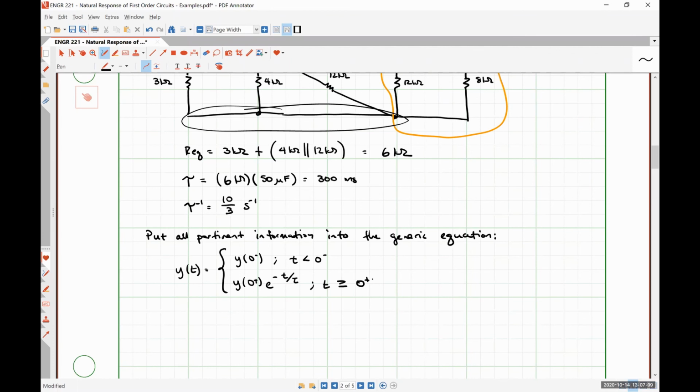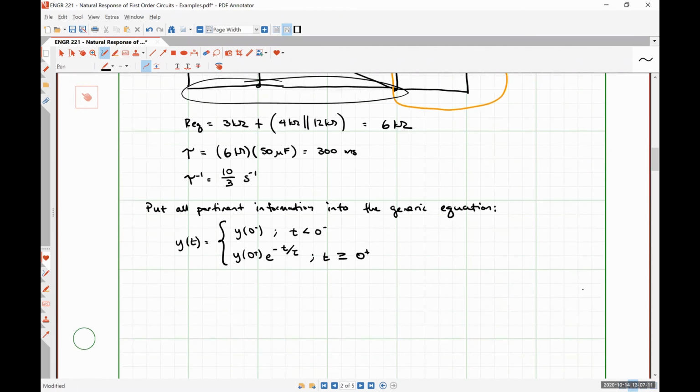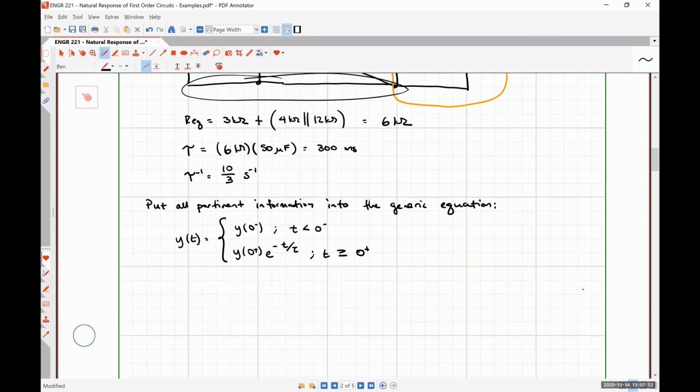Okay, all first order transient analysis problems behave in this explicit way. It can't do anything else. So with this in mind, our capacitor voltage as a function of time is going to be, so what was VC at 0 minus? Look back through it. 4 volts, okay?